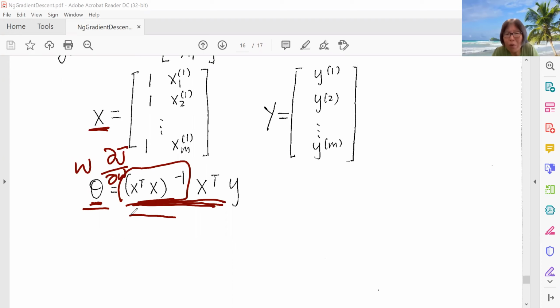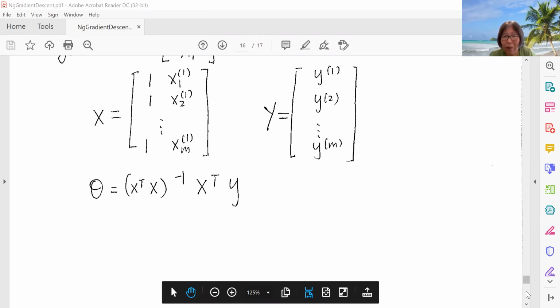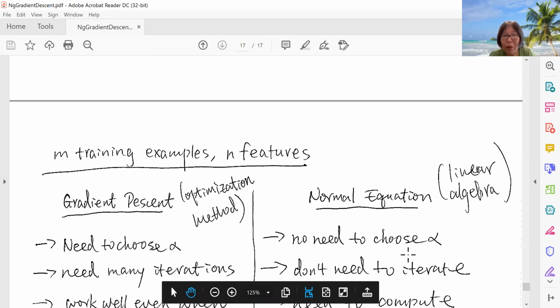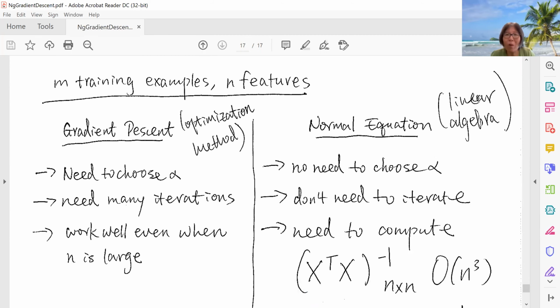If we purely do the analytical way, the inversion of the matrix, in some cases it may not even have a solution, and most of the time it may be very slow. So what we want to discuss here is the comparison between gradient descent and the analytical way to solve the normal equation. For gradient descent, we need to choose the learning rate.